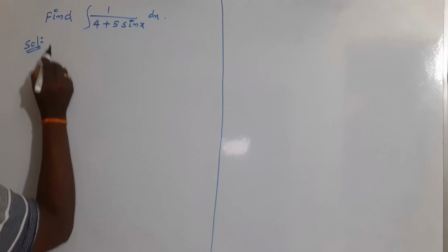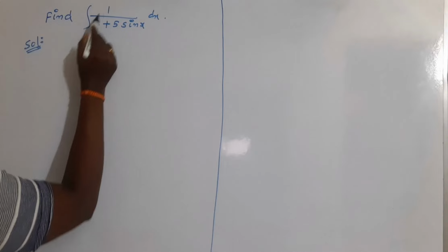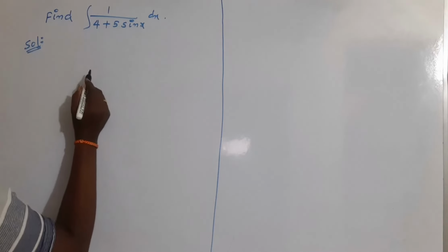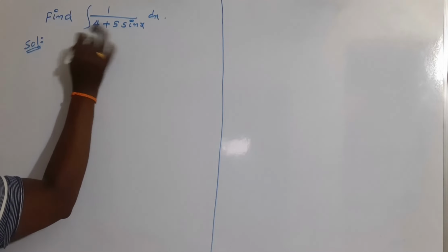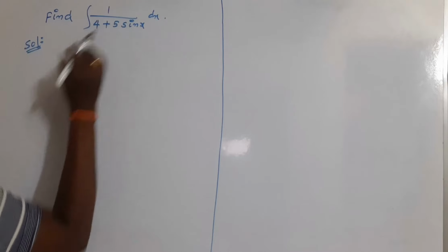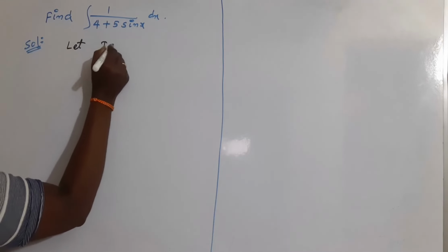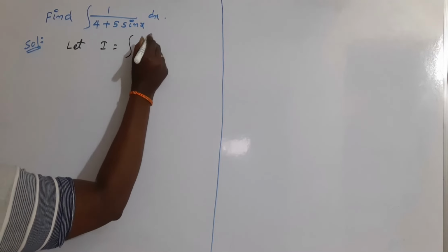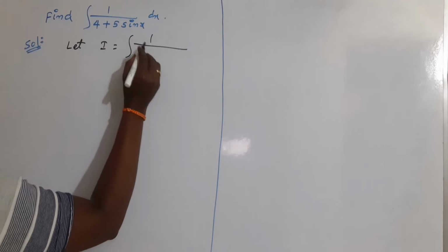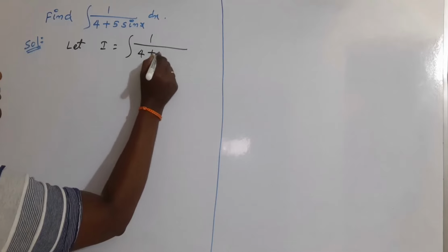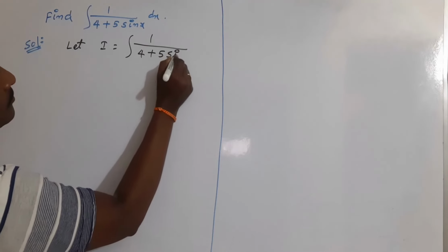See the next problem. Find integration of 1 by 4 plus 5 sin x into dx. Clearly this is in the form of integration of 1 by a plus b sin x. So first of all, take the given integral as I, which is integral 1 by 4 plus 5 sin x.